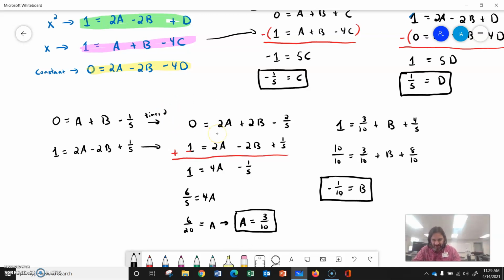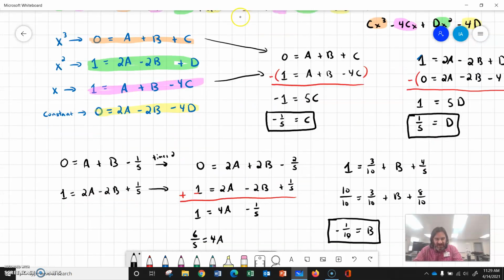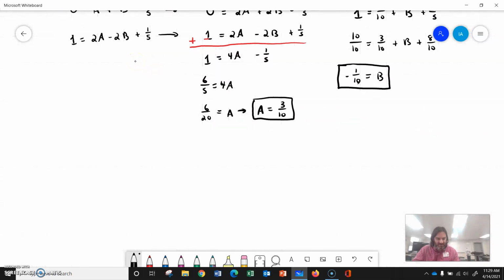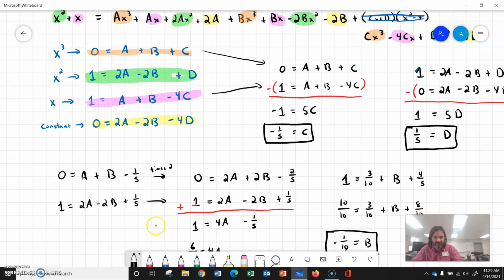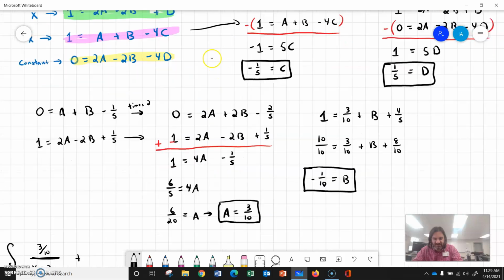This is going to take a little bit of work because everything is way up yonder. So let's see. What were my fractions? My first fraction was a over x minus 2. Okay, so now we're doing our integral. 3/10 over x minus 2, plus my second fraction was b over x plus 2.